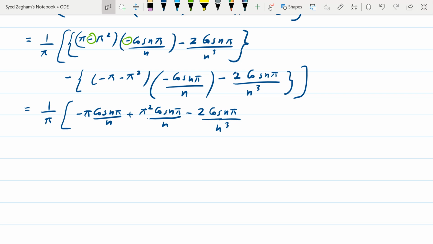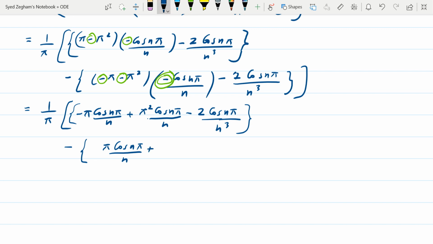Then the next line minus. Now, this minus and this minus, again this will become plus, right? So this becomes pi cosine n pi divided by n, right? And again this minus and this minus, this is again going to become plus.